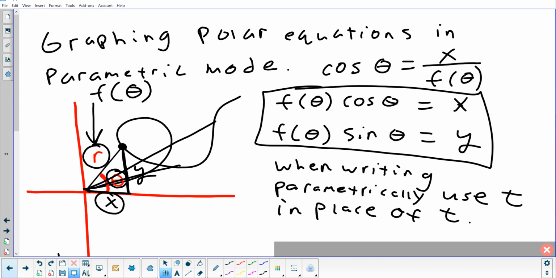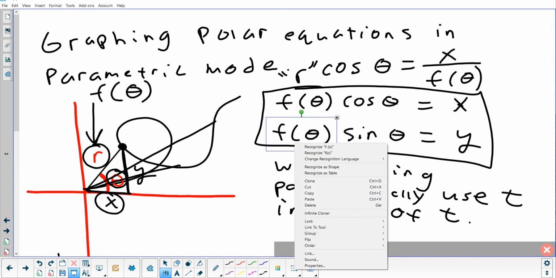That's just a notation thing. So it's going to become f of t cosine t, f of t sine t. So it's always the formula they give you for the radius. So this part right here is your radius times the cosine, and then your radius times the sine. It's just a constantly changing radius because it's not necessarily a circle. It could be anything.